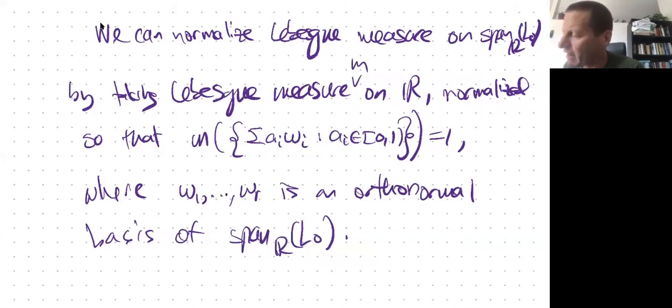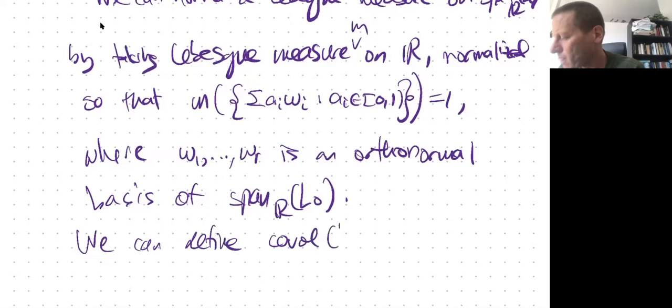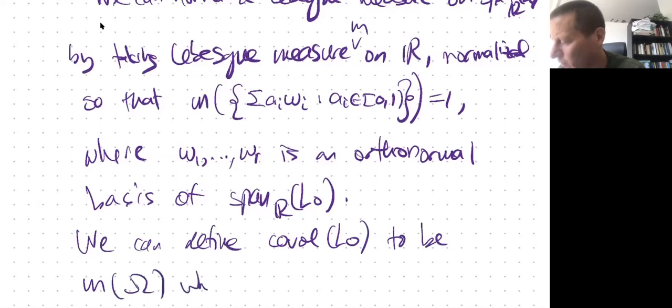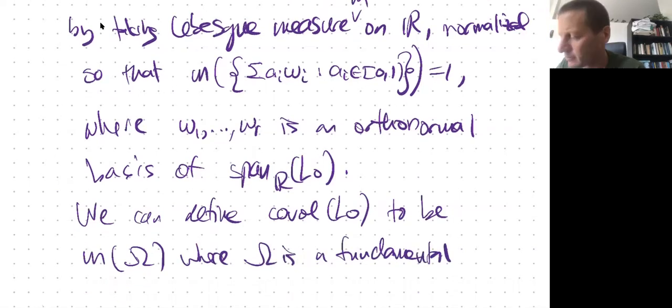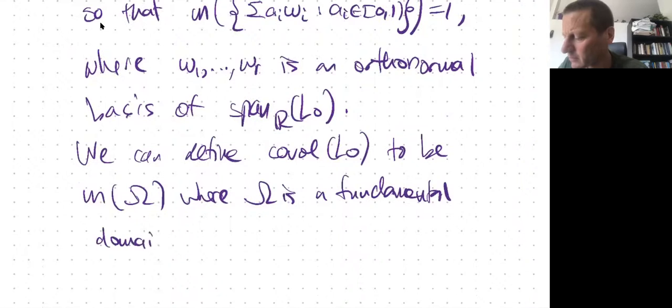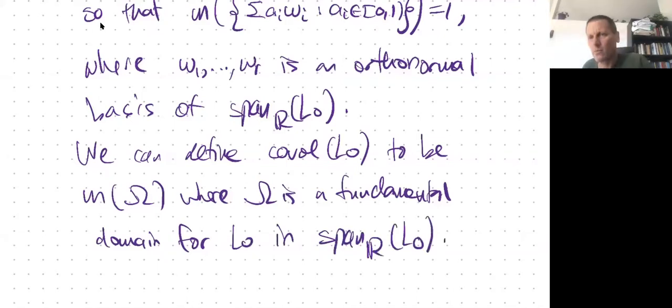And once we have this normalization, we can define the co-volume of L0 to be N of omega, where omega is a fundamental domain for L0 in its span.